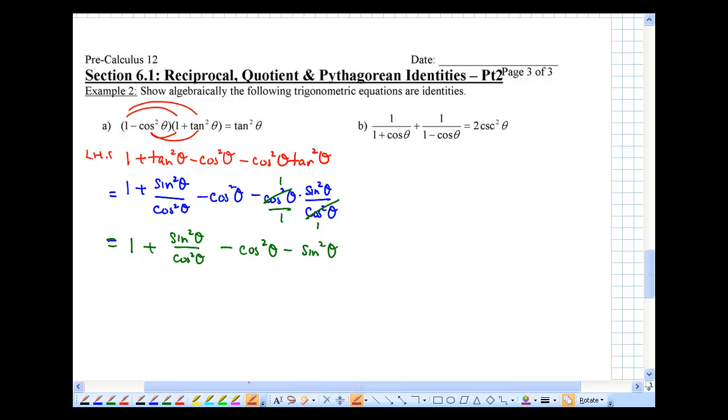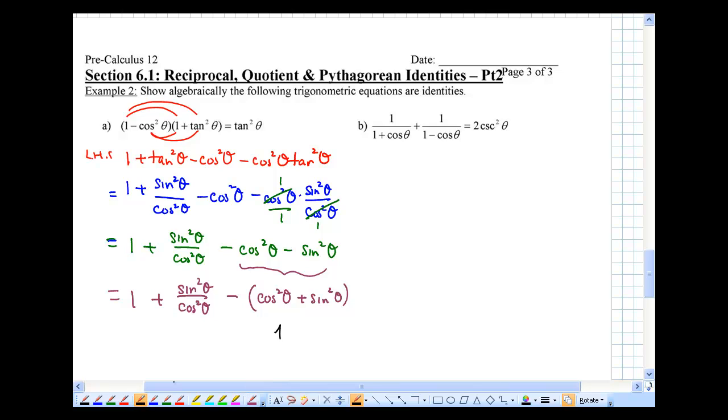And anything else? Well, you might be thinking, hey, this kind of looks like sine squared theta plus cosine squared theta if you were to factor out a negative. And that's what I think we should actually do now. I won't need to rearrange the order. I think you guys are smart enough to know that sine squared theta plus cosine squared theta is the same thing as cosine squared theta plus sine squared theta.